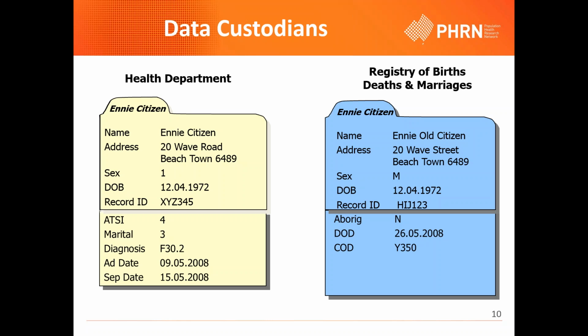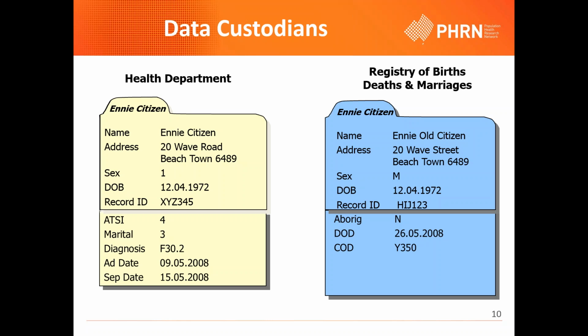That's important to note, that data collected by different data collections is stored and formatted in different ways. It's also important to note that each record has a record ID, which is a unique number for that particular record. So the first step that I mentioned before is separation.